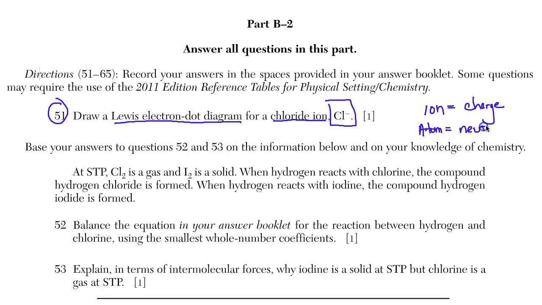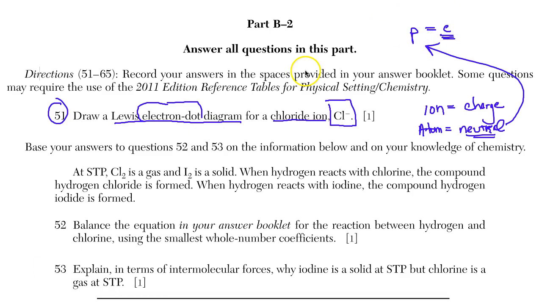Neutral. I say atom, you say neutral. And if it's neutral, that means the protons, which are positive, equal the electrons, which gives me an overall zero charge. Now, I say this because to figure out the number of electrons that act as dots, we have to know what the starting number of electrons are.